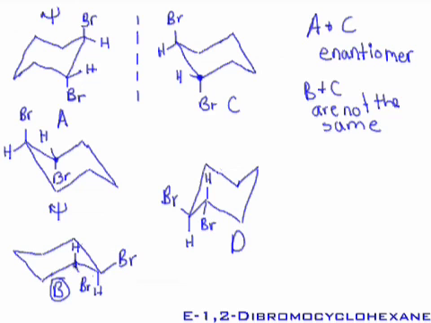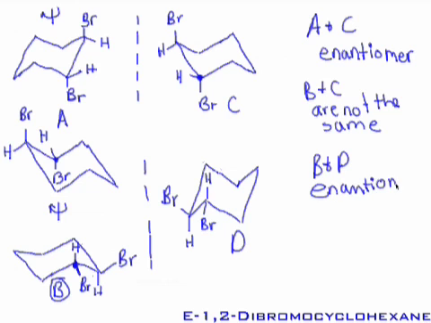But this other bromine will swing off to the back carbon, and so they won't match. He'll be in a different position. But B and D are mirror images, and they're non-superposable, so that makes B and D enantiomers.